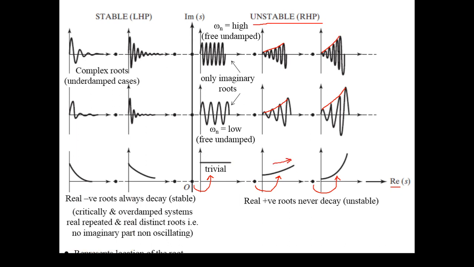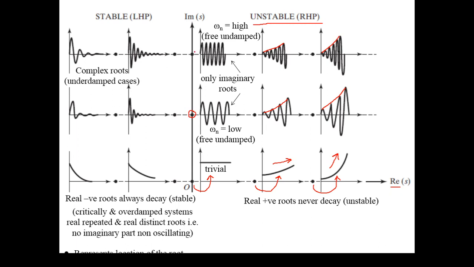So this is growing in time, and this has also grown in time. And when the amplitude actually grows in time, it means instability. On the other hand, you can look at this figure. These two are marginally stable only, because they don't have any real part of the root. They only have an imaginary part.